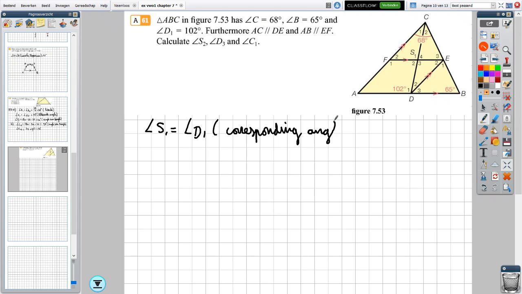How do I calculate angle S2 right now? Well, I can do 180 minus, and I can also say D1 equals 102 degrees, right? So this is going to be 180 minus 102, which gives us 78 degrees. And I use the rule for a straight angle.